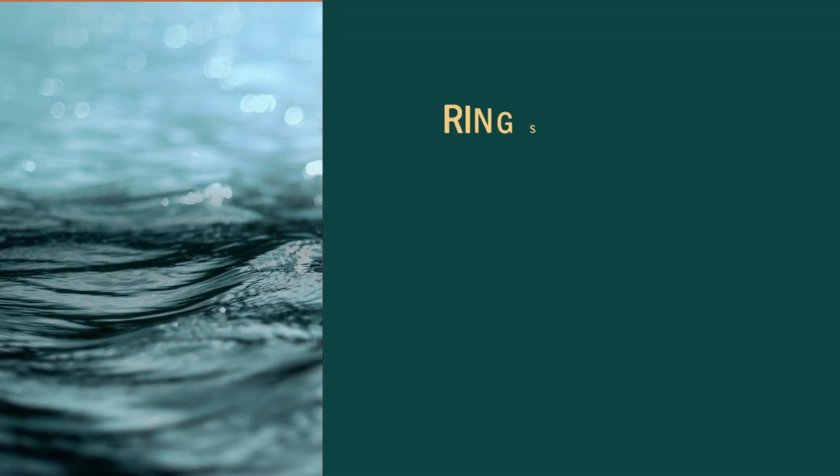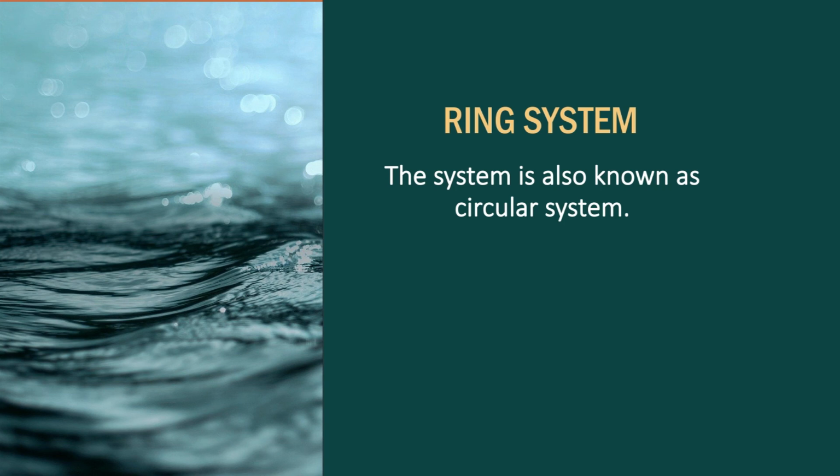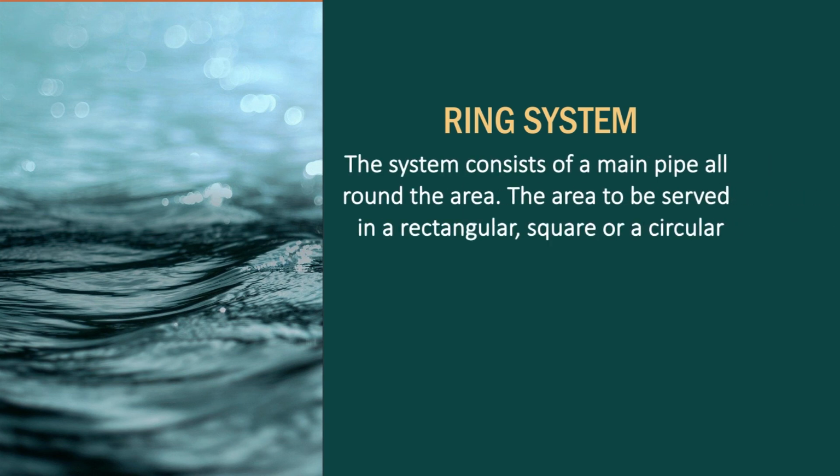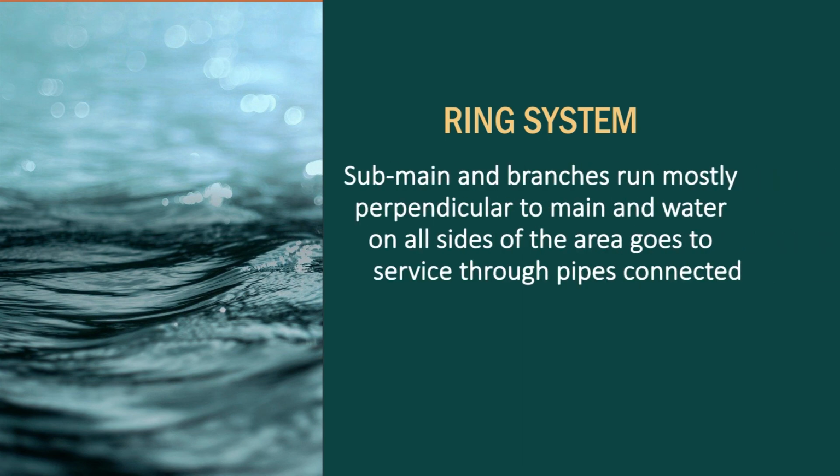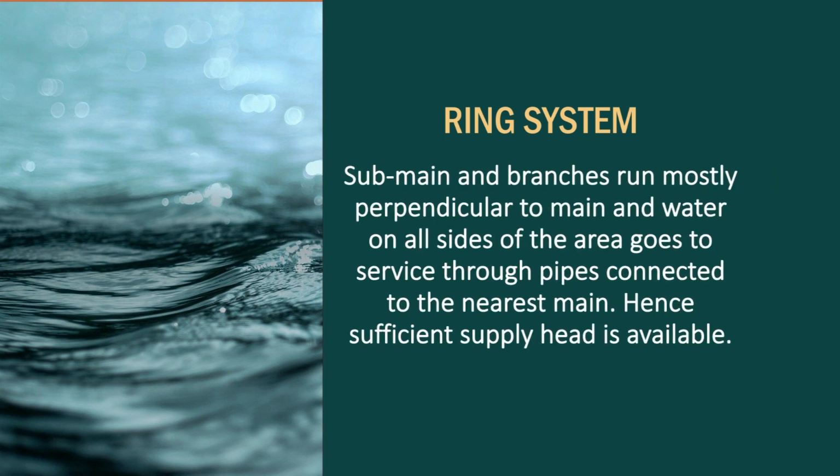Now, ring system. The system is also known as circular system. The system consists of a main pipe all around the area. The area to be served is in a rectangular, square or circular pattern. Sub mains and branches run mostly perpendicular to the main, and water on all sides of the area goes to service through pipes connected to the nearest main.